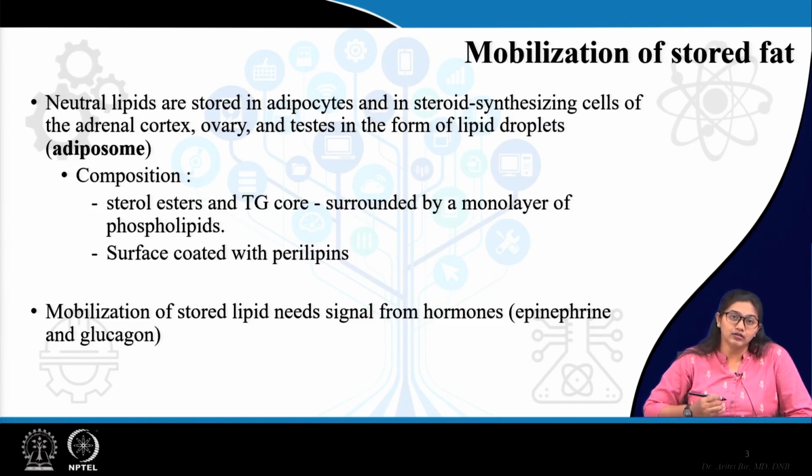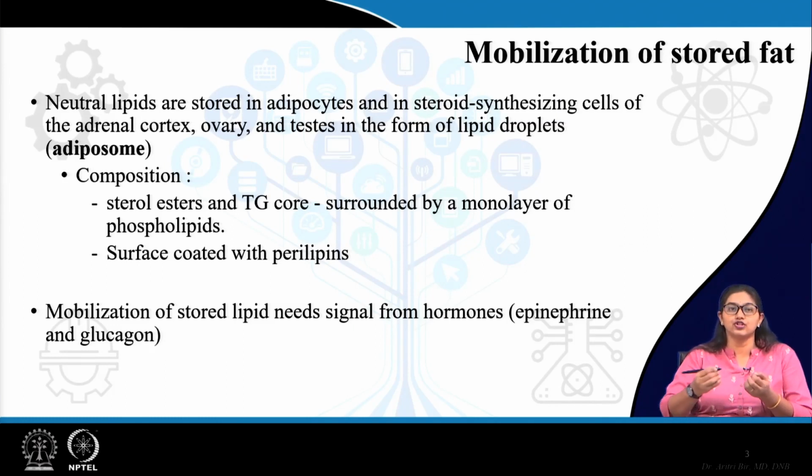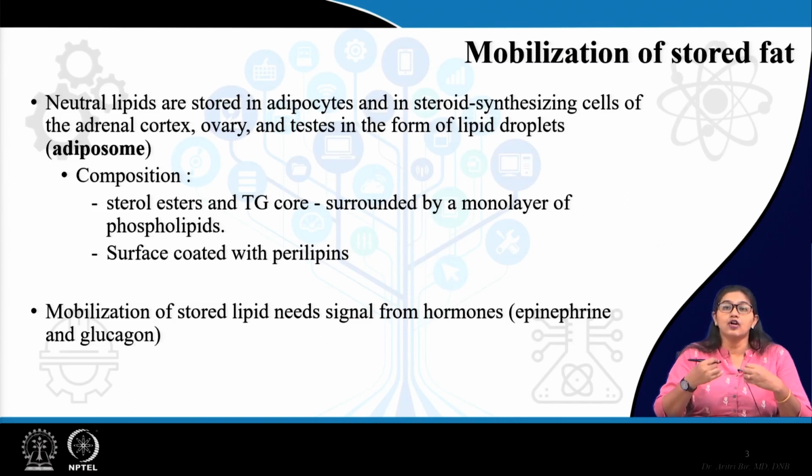Now, this mobilization from the storage tissues mostly occurs through hormonal signals when there is depletion of the ready-made energy supplier, that is glucose or carbohydrate products. When those stores are depleted, that gives a signal. Basically, low blood glucose gives a signal via hormones like epinephrine and glucagon.